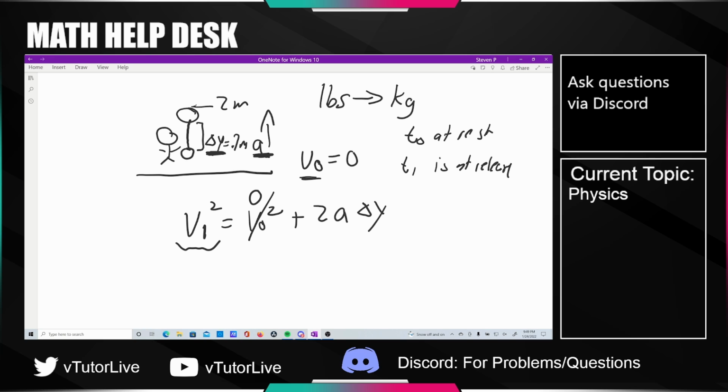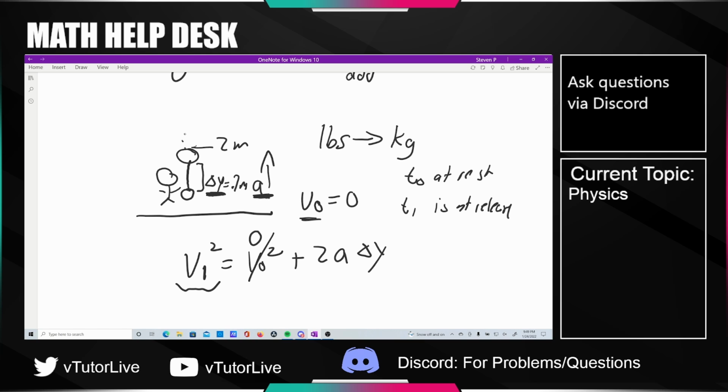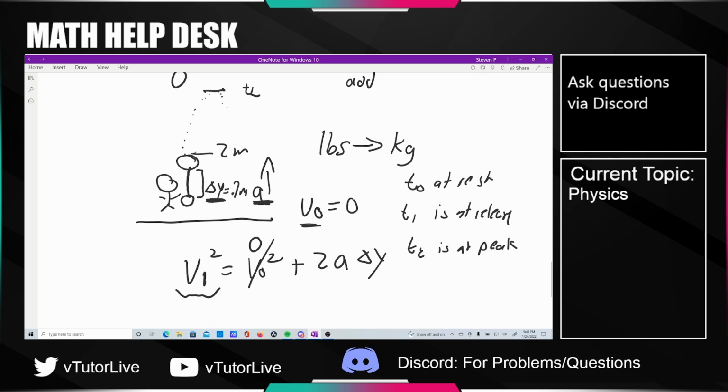And then it's asking how high above the ground does it go? Well, all right. So that's basically saying it's going to go up to some maximum height, and remember, let's just call this time t2. So t2 is at peak. And like before, you know that at the peak, the velocity is going to be 0. So v2 is equal to 0.